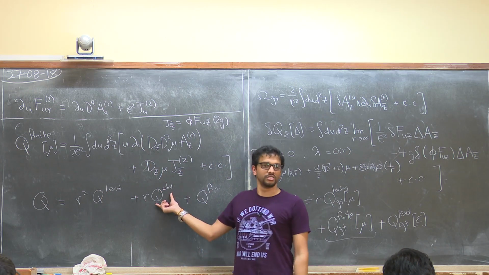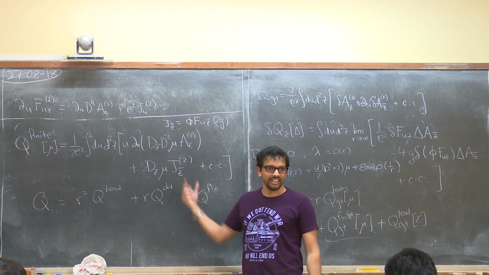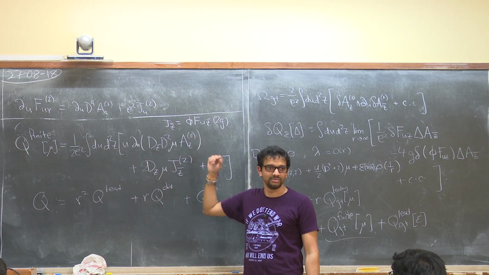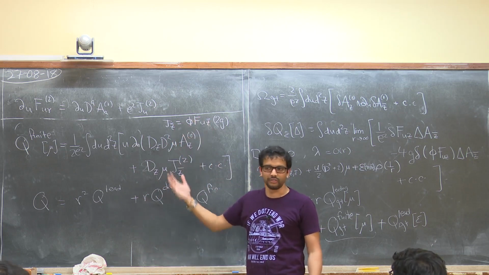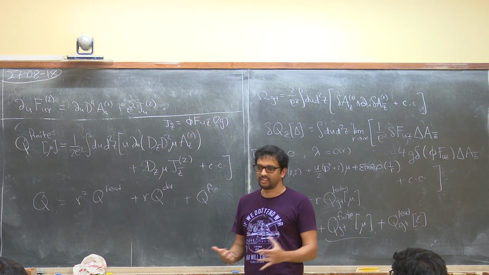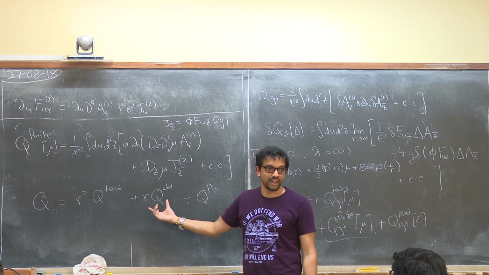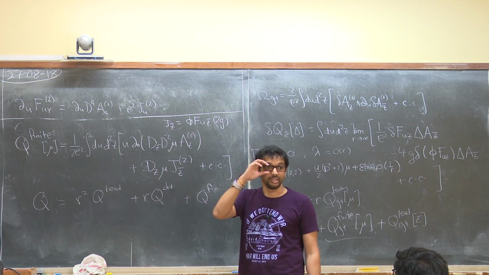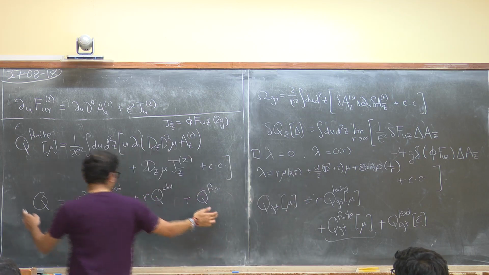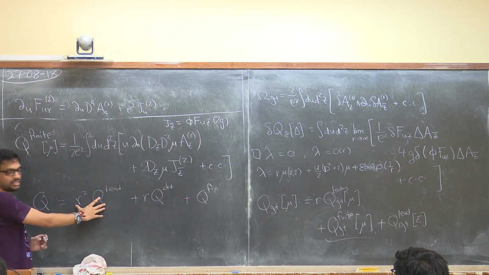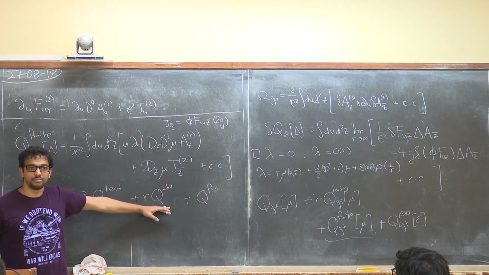But this Q divergent is not equal to the subleading Q at all. It's not related to that. It's some totally different object. And there's no reason that this has a vanishing Ward identity with the S matrix. So if I were to take the Ward identity of this, I would be able to cancel out this, but I would still get a divergent piece coming from this.